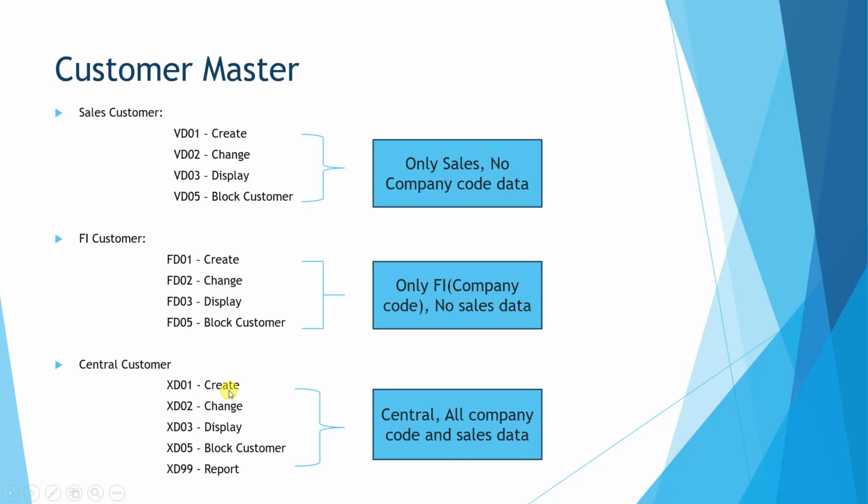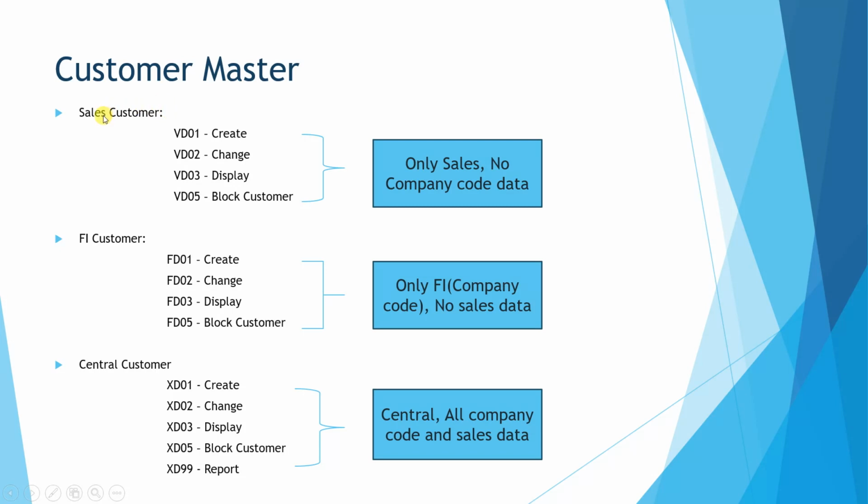XD01 is the creation of customer, XD02 is change the customer, XD03 is display the customer, XD05 is block the customer. If you want to block the customer, you can use this transaction code, and XD99 is the report. Report means how many customers we have in the SAP. It will give the report, and you will get the complete chart in this report.